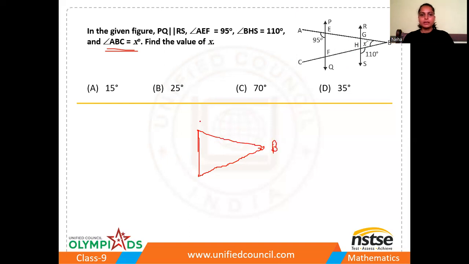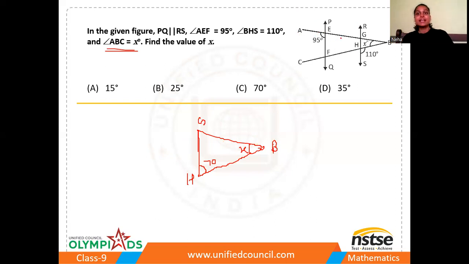So this is B, this is G, and this is H. Now if this angle is 110 degrees, this becomes 70 degrees, right? So this angle is 70. Here this angle is X, I have to find out. Now these two lines are parallel to each other, so this is the transversal line, right?